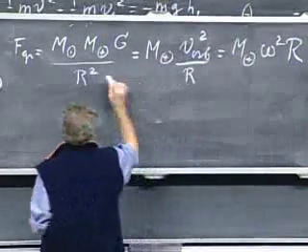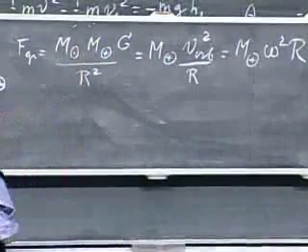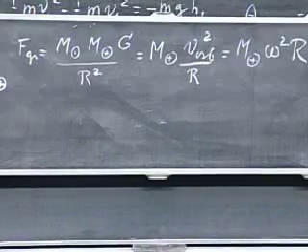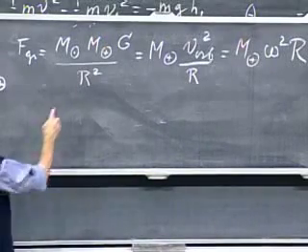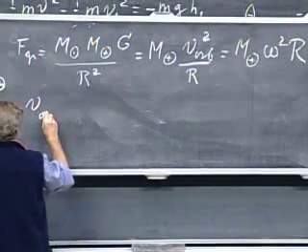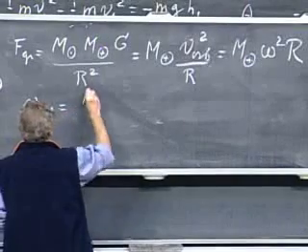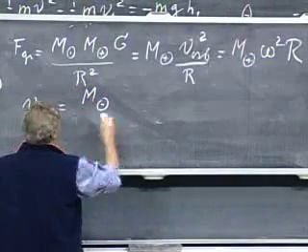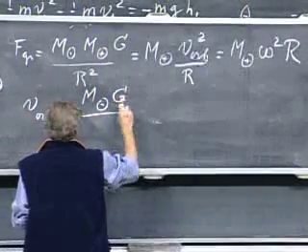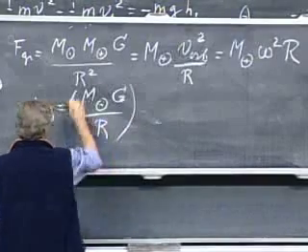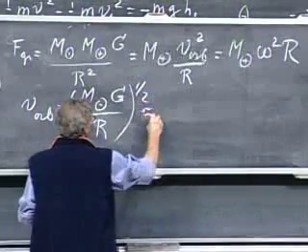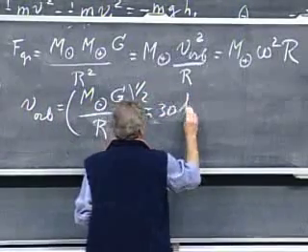Look at this here. You lose your Earth mass if you want to know what the orbital speed is. You lose one r, and so you find that the orbital speed equals the mass of the Sun times G divided by r, to the power 1/2, and that is about 30 kilometers per second.